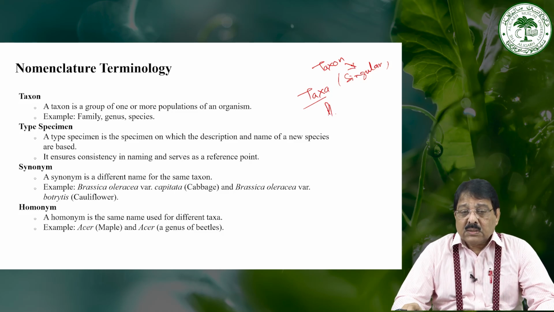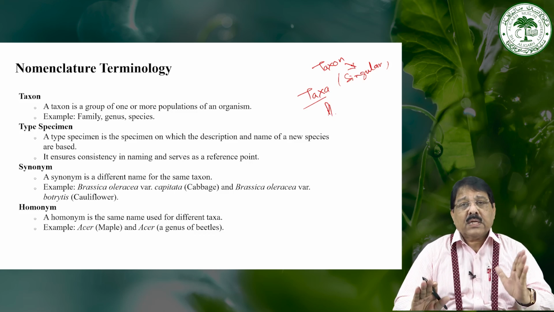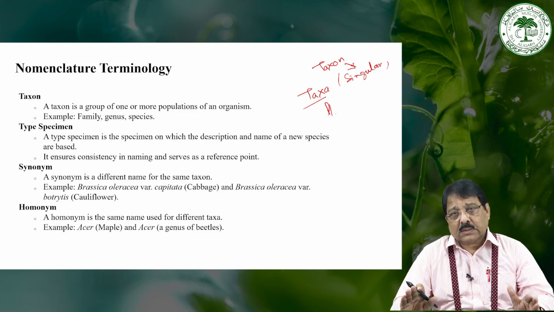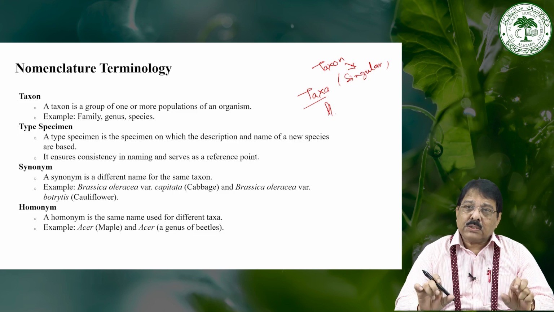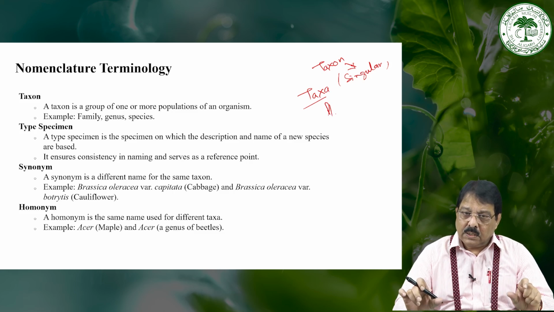Then the homonyms. Homonyms are the same name used for two different taxa. Suppose one taxon is from the family Annonaceae, another taxon is from the Brassicaceae, but both the genus names are the same, or the species names are the same, in both the family members.